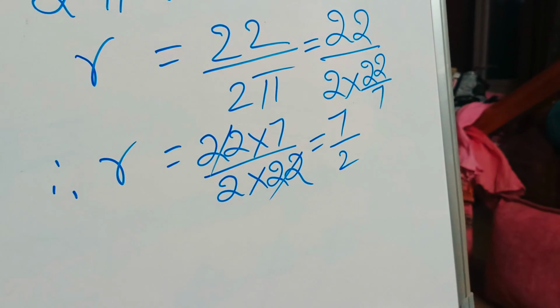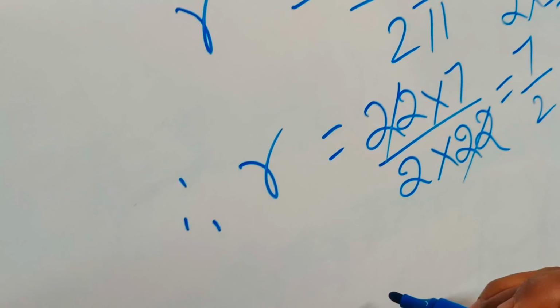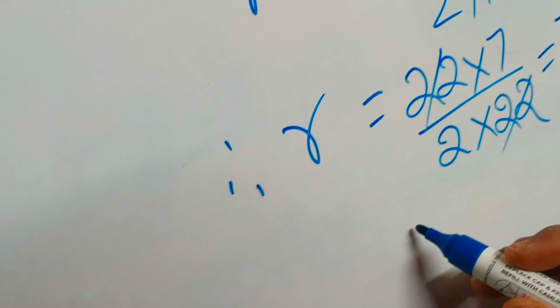Reciprocal of 22 by 7 is equal to 22 into 7 by 2 into 22. 22 cancelled. 7 by 2. Therefore r is equal to 7 by 2, that is equal to 3.5 meters.